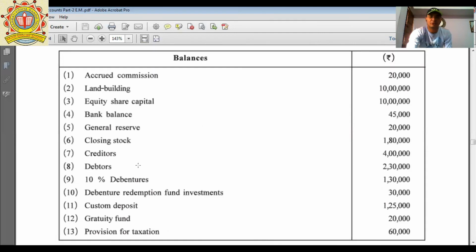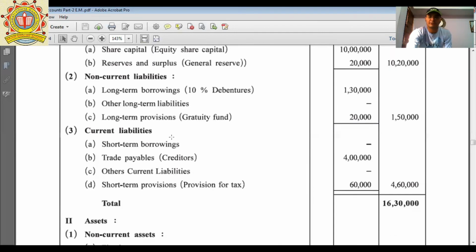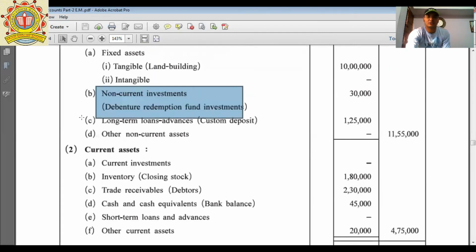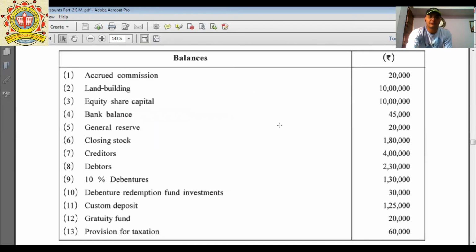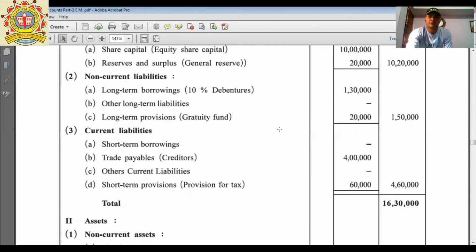Next, customs deposits. Here they have used the word deposit. Deposit means it is a part of the asset side, long-term loans and advances, where it shows a deposit of 1,25,000 for customs deposit. Next, gratuity fund 20,000. Gratuity fund is a part of non-current liabilities, long-term provisions.